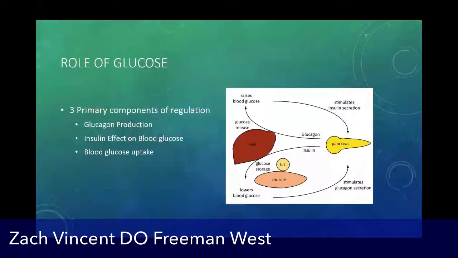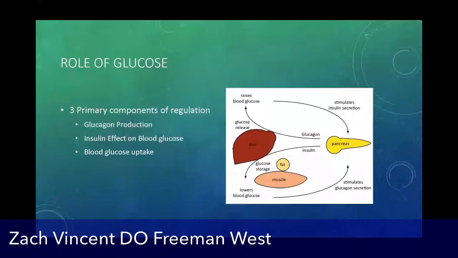If you look at this diagram over here, basically if we start where the raised blood glucose is, assuming that's a high blood glucose level, high blood glucose ultimately stimulates insulin release from the pancreas. When insulin is released, that helps drive the glucose around, kind of like a locomotive attached with train cars behind it. So the insulin, being the locomotive, drives around the body, pulling all the glucose with it to different parts, predominantly the liver, as well as muscle and fat cells.